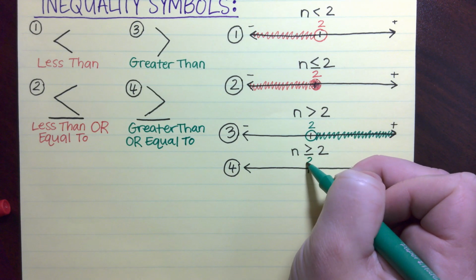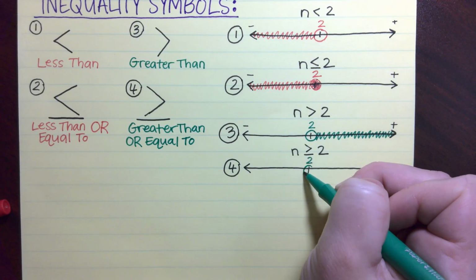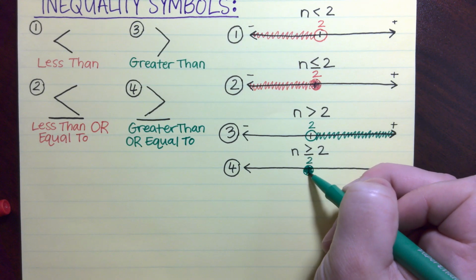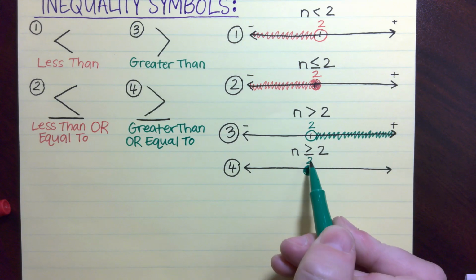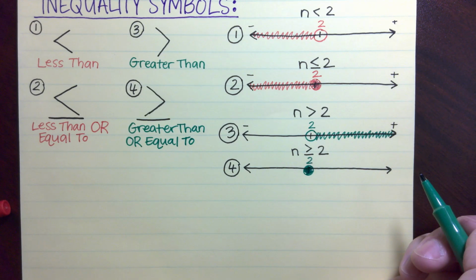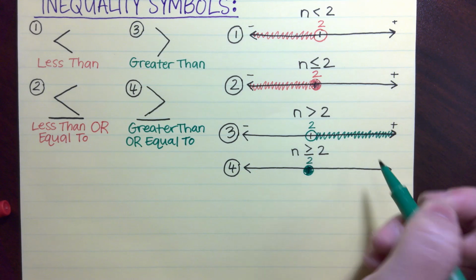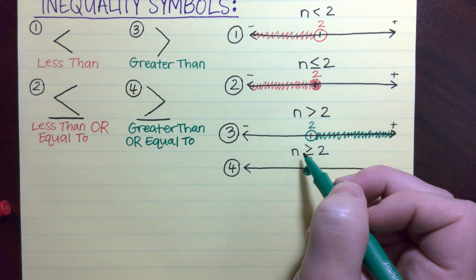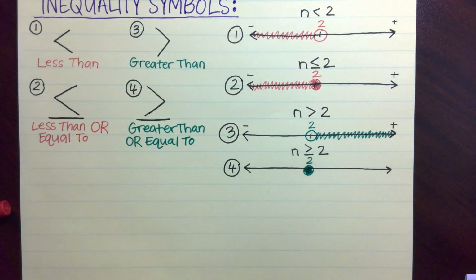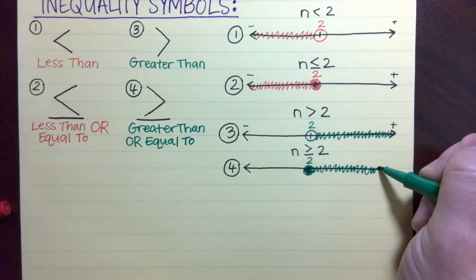Yes, we want to label our tick mark with the number 2. Circle the tick mark, and then what? Color it in. When we color in our circle, it shows that 2 is included. Now we got to shade, and since it's greater than 2, we're going to go to the side where the numbers get bigger, to the right. Good.